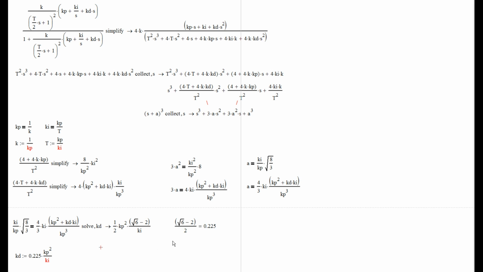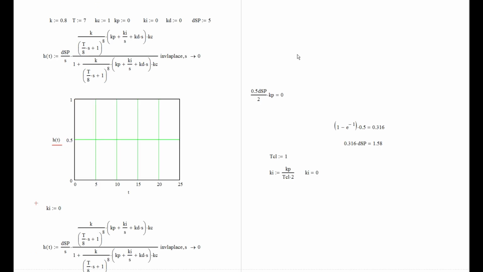So now let's apply it for tuning. How should it work in practice? Okay, how to use it. Closed loop transfer function. The plant model is an 8th order lag to show this method works not only for first or second order lag. DSP is the difference between the initial set point and the new set point.